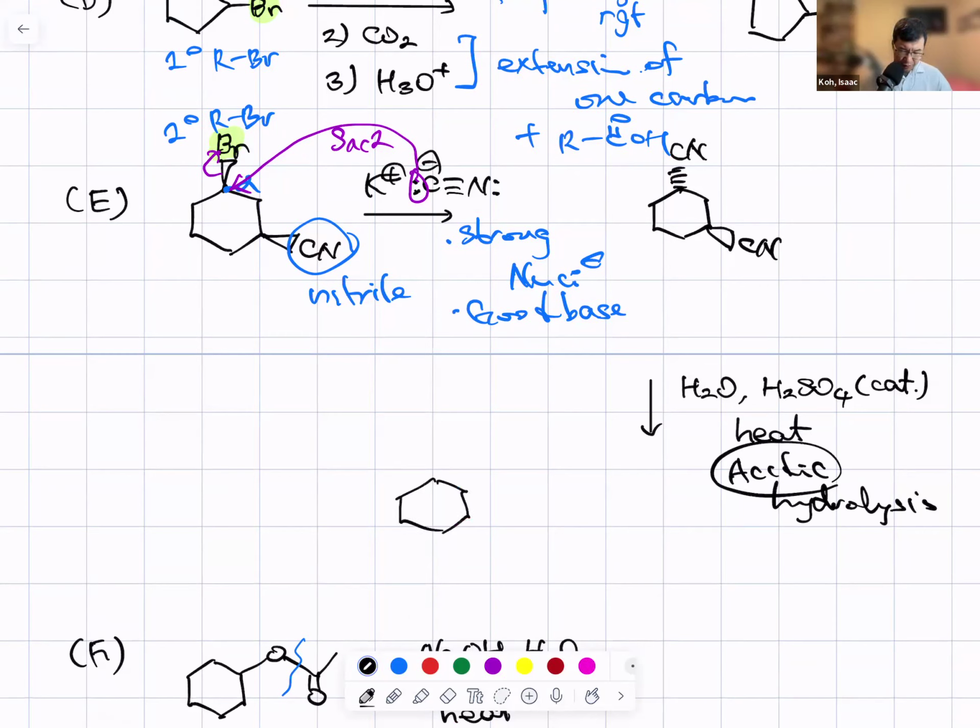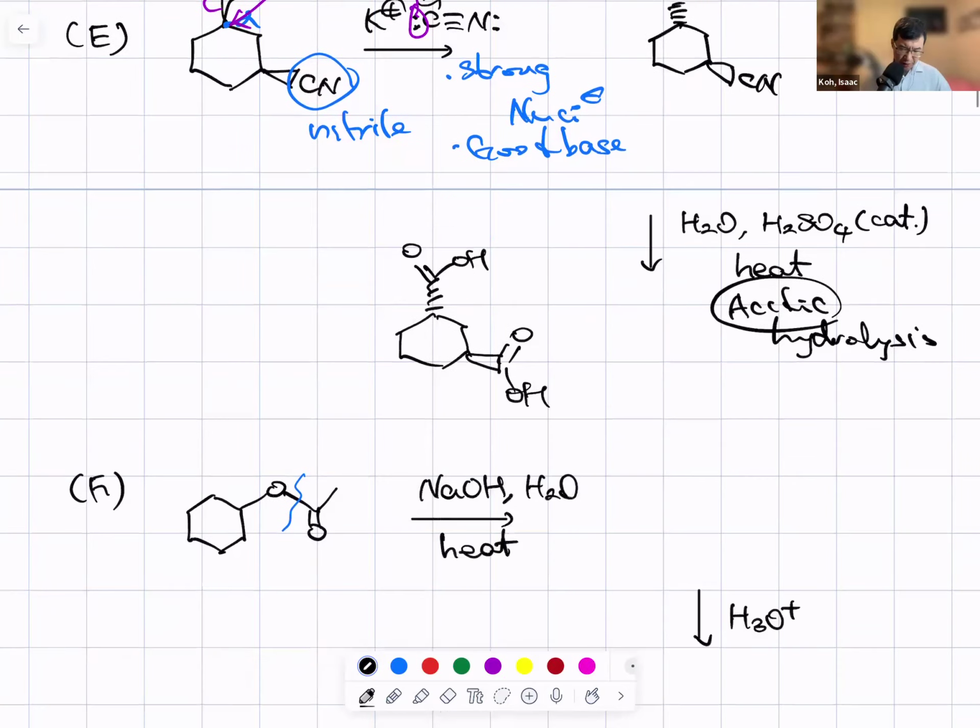So here, this one is carboxylic acid. Again, this is carboxylic acid, but note their relative regiochemistry. SN2 is a flip of up position changing to down position because it's backside attack, followed by acidic hydrolysis, turning nitrile into carboxylic acid.